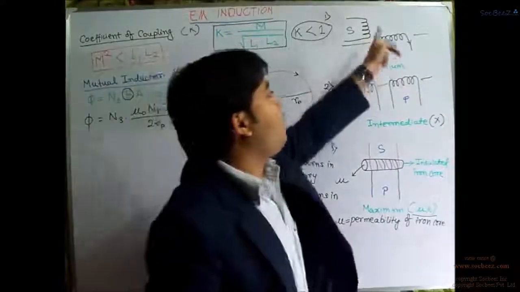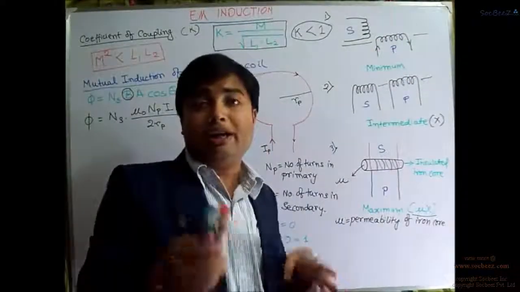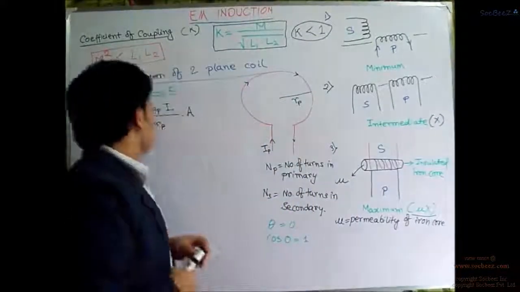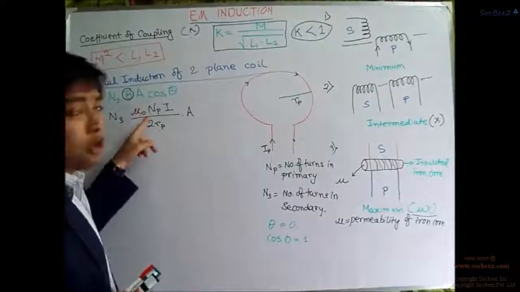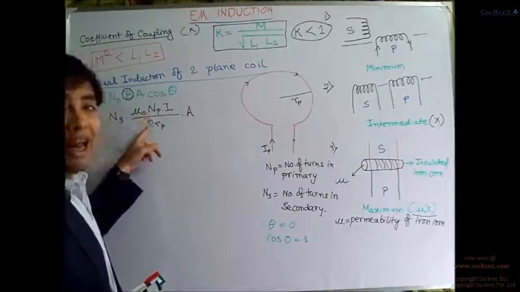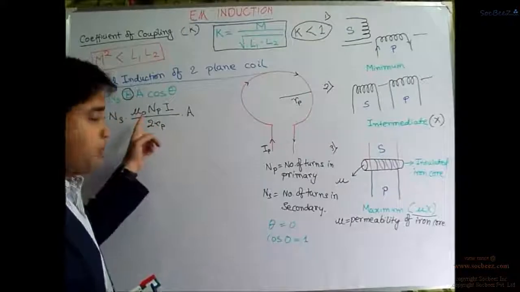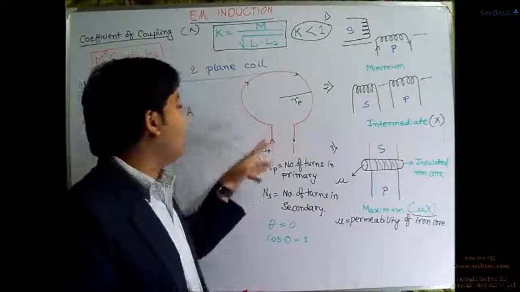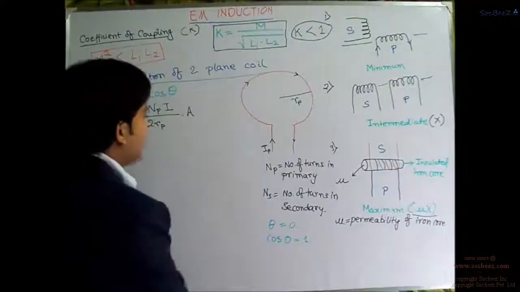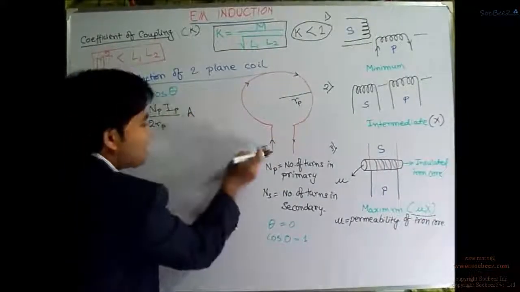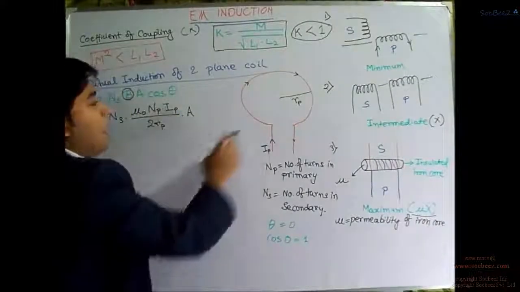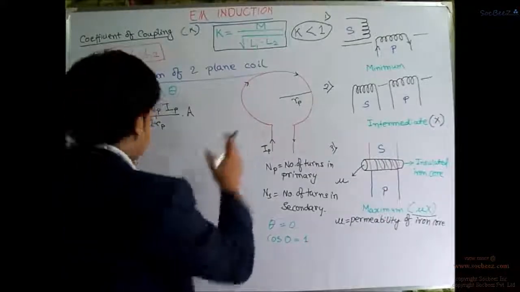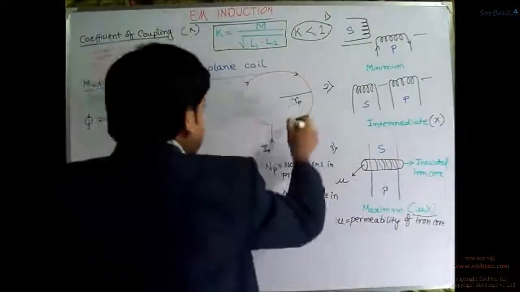Because the current is flowing in the primary coil only, the B is produced, the phi is produced, right? So this is because of the primary coil. So mu naught Np, the number of turns of the primary coil, multiplied by the current flowing, which we write as Ip, divided by 2 Rp, multiplied by A, the area of cross section, or the area of this region.